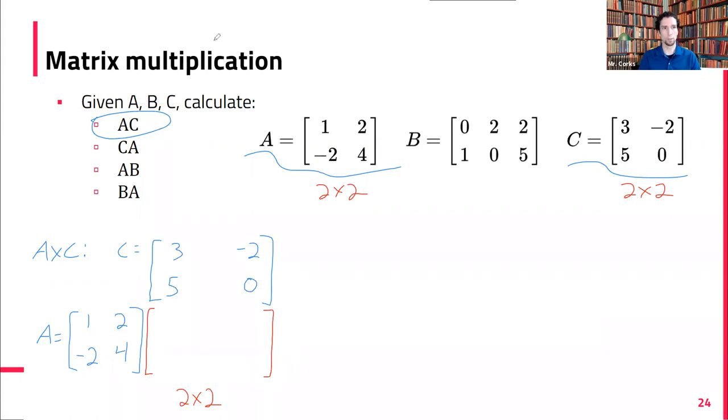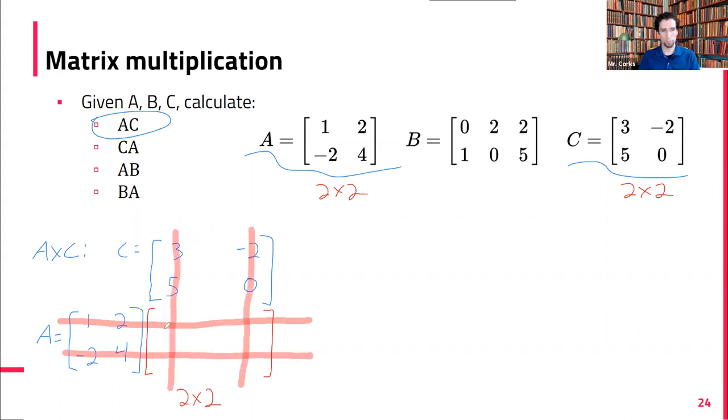So 2 rows, 2 columns. And we can see these overlap points. So 1, 2, 3, 4 points where we have overlap when we can draw these columns and rows like this. So 4 values to calculate. Okay, let's see what those are.